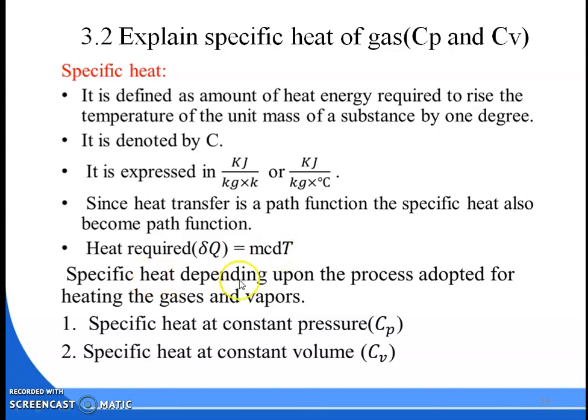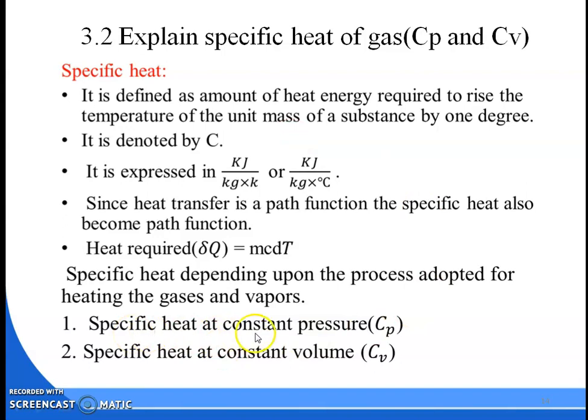Okay. Then specific heat depends upon the process adopted for heating the gas or vapor. It depends upon which process is going on when you are adding heat to a gas or a vapor.